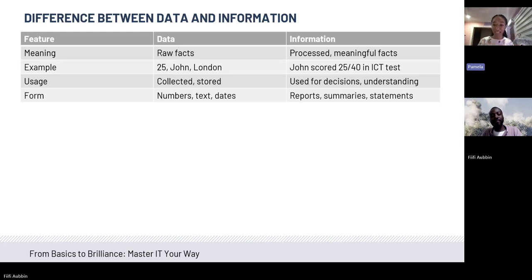Information is just processed data. As I said, the numbers, as you wrote, 359, can be a license plate, someone's phone number, or someone's age. Because it can be anything, you don't know what it is, it's just a number. But then you process that data to get a particular information.